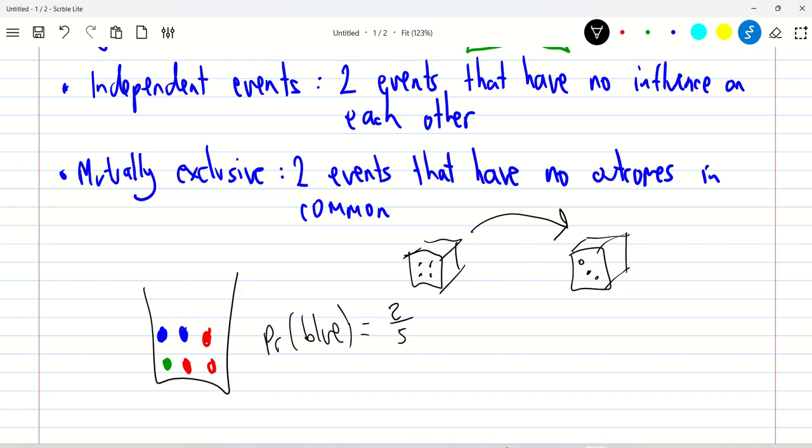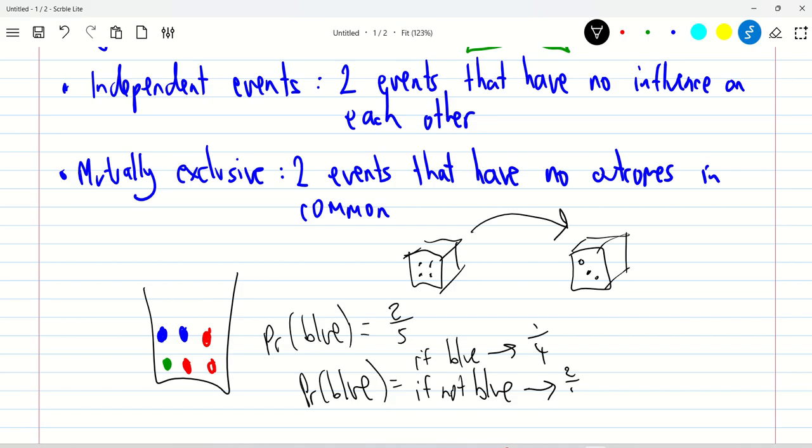Now, if you don't put the blue coin back in, then the second time you do it, the probability of pulling out a blue will be different. So it'll be dependent on what comes out the first time. If a blue came out the first time, then the probability will be 1/4, because there's only 4 things left and there's only 1 blue. And if it was not a blue, that would mean that there's 2 blues left out of 4.